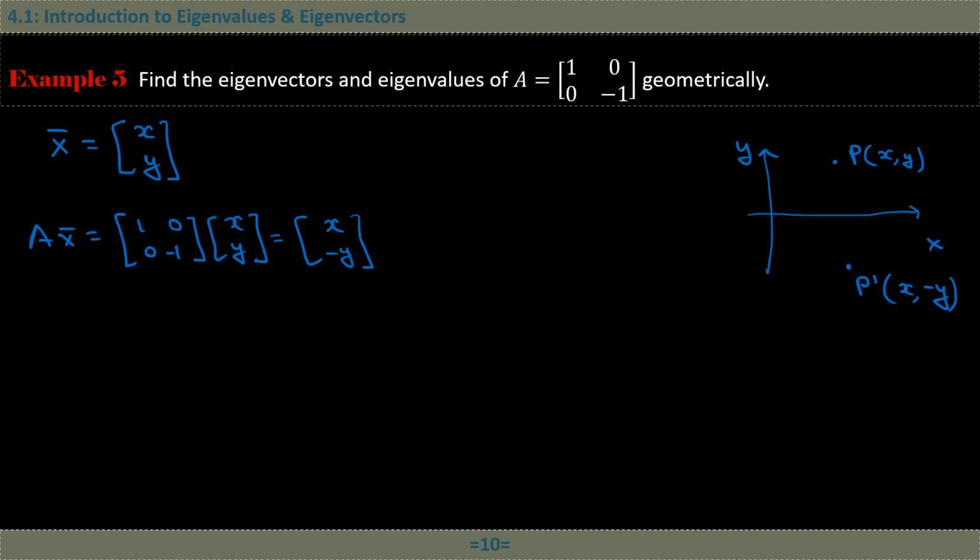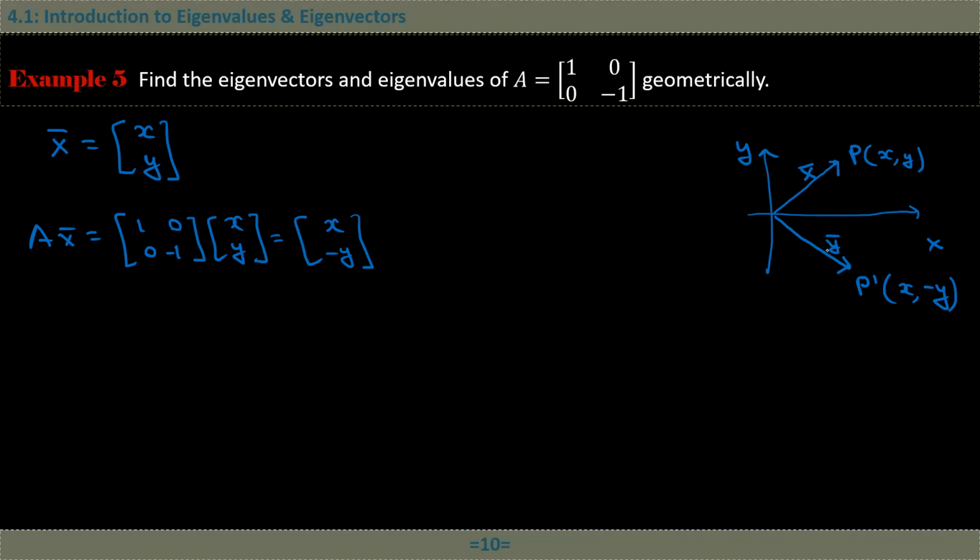So geometrically, we know that it's just reflecting this point about the x-axis, right? So if you consider it as a vector, or the endpoint of this vector, the terminal point, and just reflect this vector, let's say that is x, into this vector, let's say it is vector y, whatever it is.